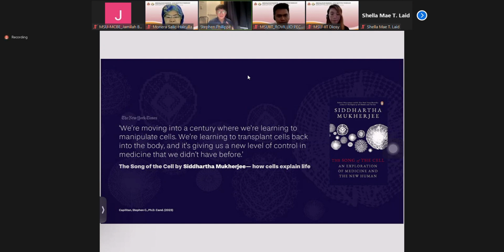In cell and molecular biology, Siddhartha Mukherjee, an author who published books like The Song of the Cell and The New Human, really inspires me.